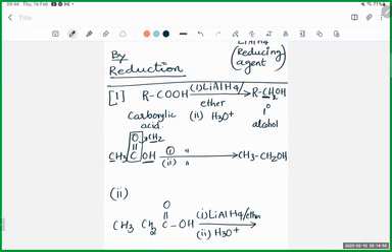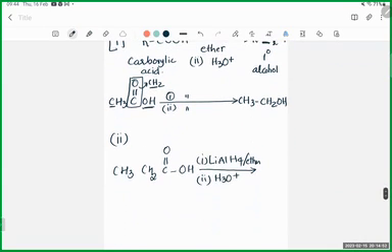Yes, Hridaya, do this reaction. CH3, CH2, C, this whole group goes into CH2OH. Very good. Have confidence, develop confidence. No worry, you have learned the concept, right?